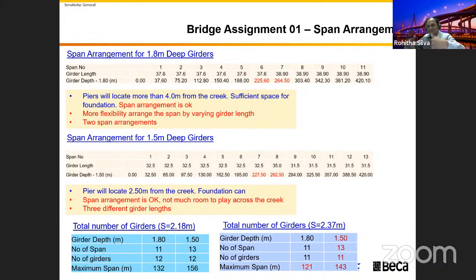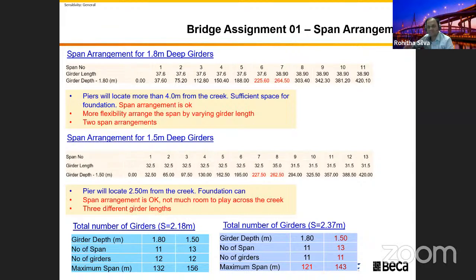When you optimize number of girders, this is the best solution. But in terms of cost, it may not be the ideal solution, but you can present this one to your client. In your options, you can say, I got this option, but still within that, you have a range you can look at in the next step.